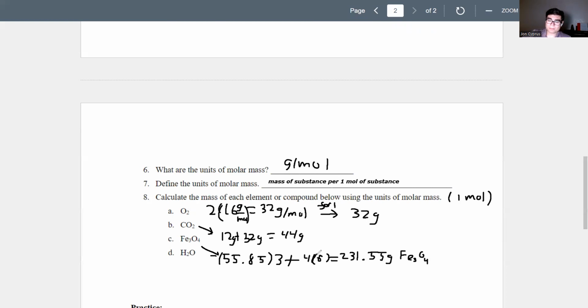And so again, for 1 mole of Fe3O4, this is how much it weighs. H2O, 2 plus 16, this is 18 grams for 1 mole. Remember, I'm doing this for 1 mole. 2 moles will weigh differently.